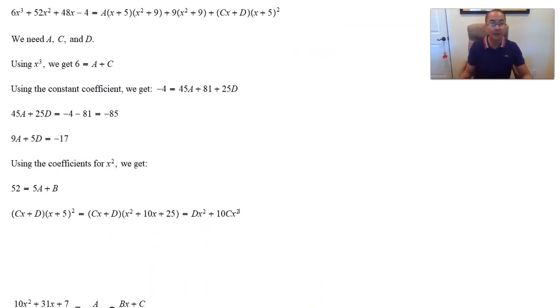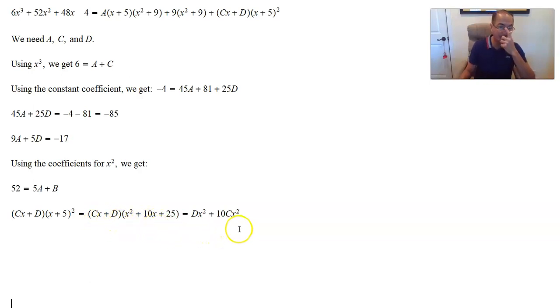So just be very careful. Make sure that we found all the squares. Okay, so we have dx squared here. The cx multiplies to 10x to 10cx squared. We don't get any other x squared. There is no square here. So the cx can only go with 10, and the d can only go with the x squared.